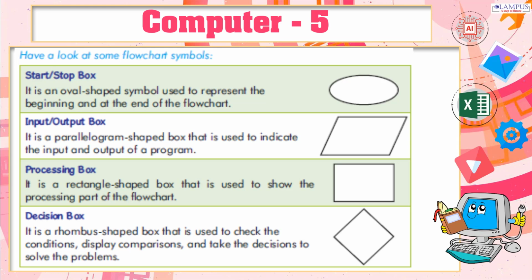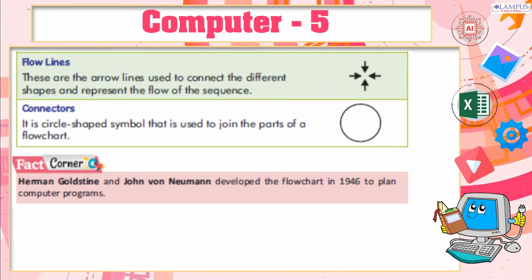Decision box. It is a rhombus-shaped box that is used to check the conditions, display comparisons, and take the decisions to solve the problems. Flow lines. These are the arrow lines used to connect the different shapes and represent the flow of the sequence. Connectors. It is a circle-shaped symbol that is used to join the parts of a flowchart.